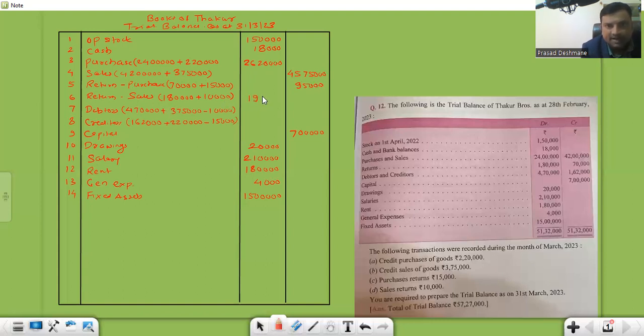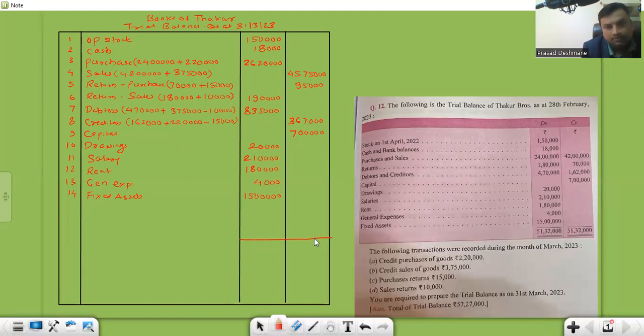Sales return is a debit balance because it's a loss for us. Debtors, I'll calculate 470 plus 375 minus 10,000, 835. Debtors is an asset, so debit balance. Creditors 162 plus 220 minus 15, 367. Creditors is a credit balance, 367.